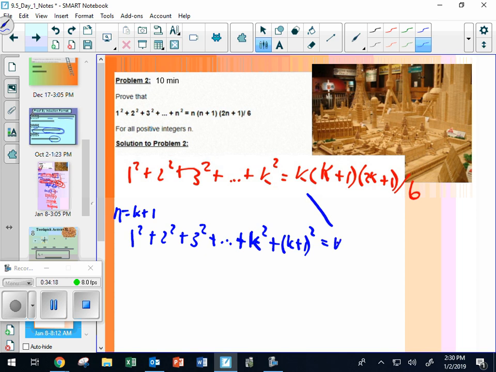So k, 2 parentheses k plus 1 divided by 6. Whew! That's how far you'd be expected to go.